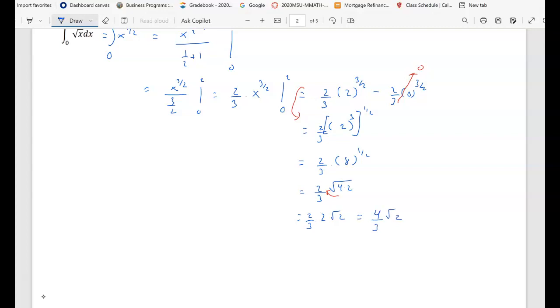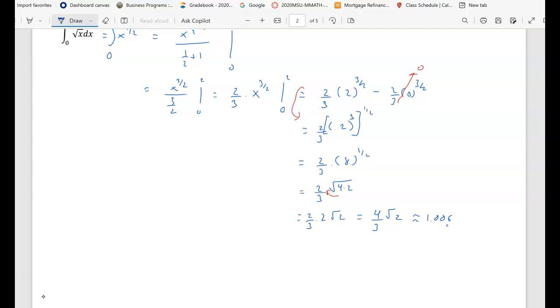Let me get a decimal approximation. This is approximately 1.886, and let me just keep 3 decimals.